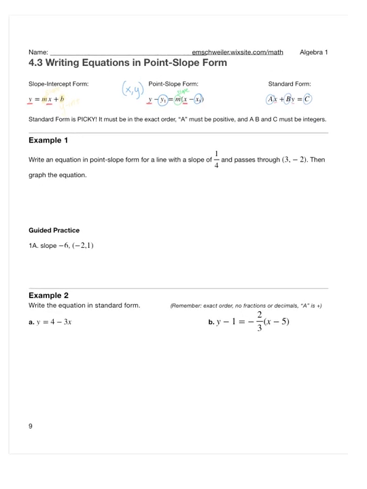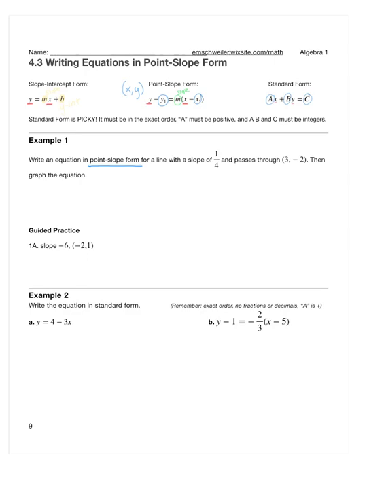So here in example 1, it says to write an equation in point slope form. I highly recommend underlining that, because in a quiz or test it might be a bunch of different questions that have the same kind of look to them, and one might say point slope form, one might say slope-intercept form. So make sure you know that point slope form is the one that we are using for this one.